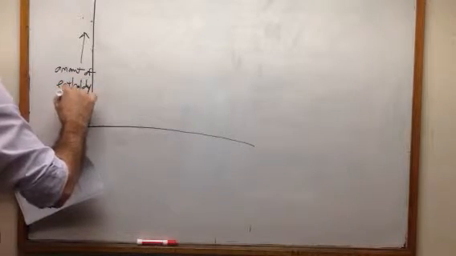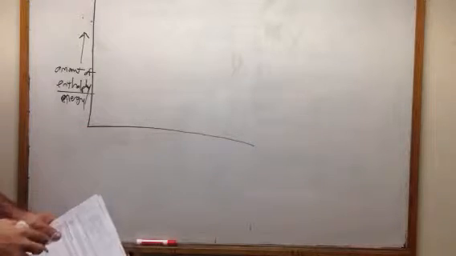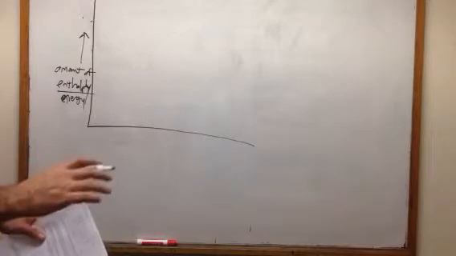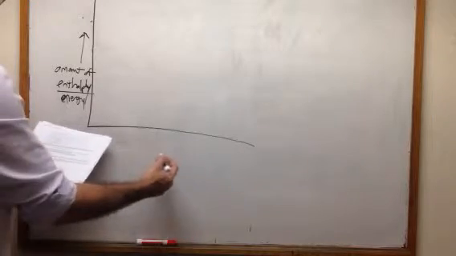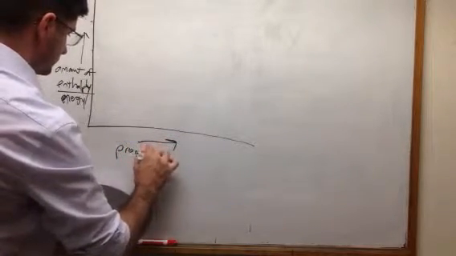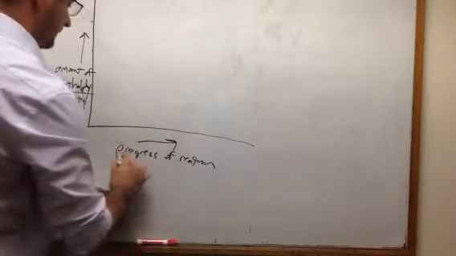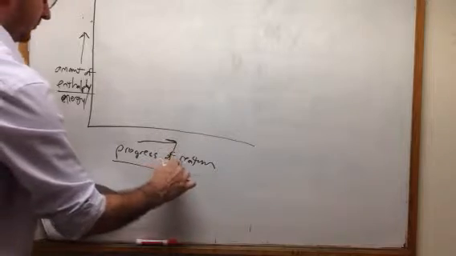I know Bill Gates' crowd is going to be very disappointed that I'm going this route, but I don't think the world is made of ropes. But anyways, progress of reaction will go this way. Basically, that just means time.